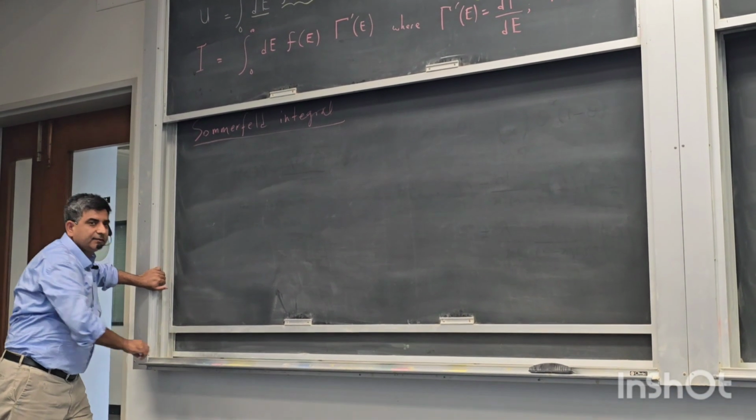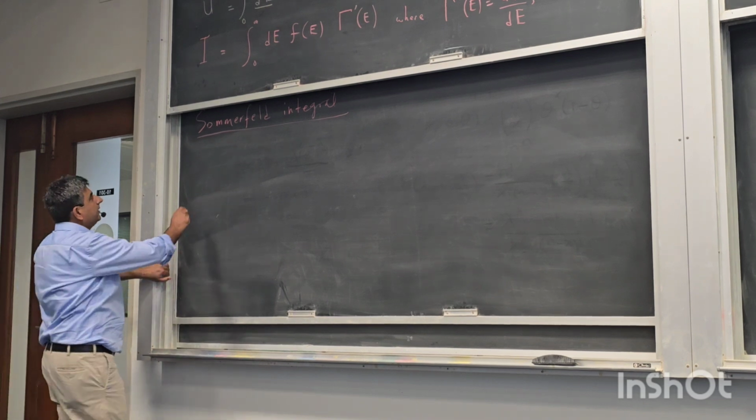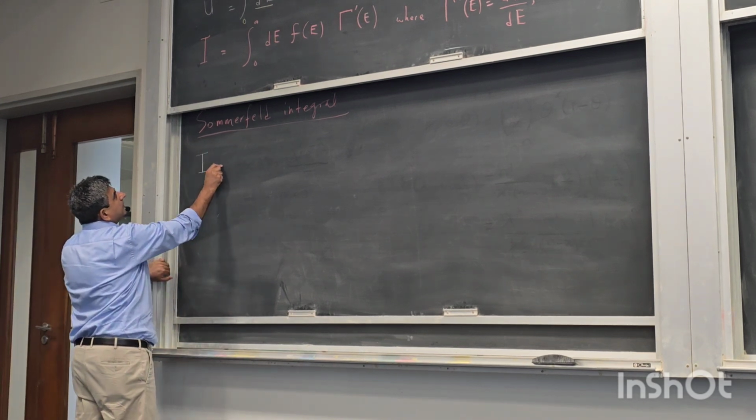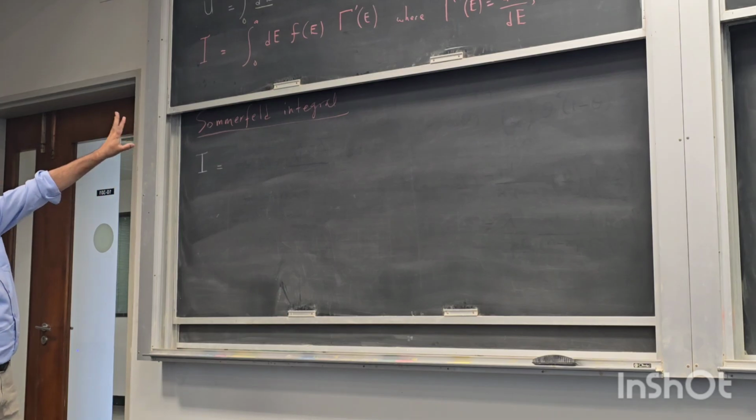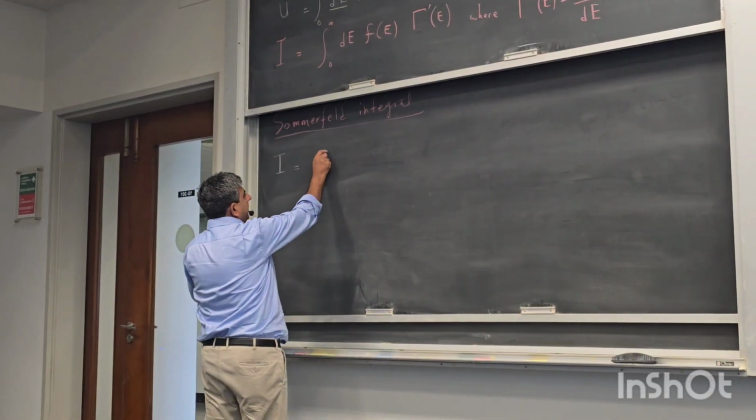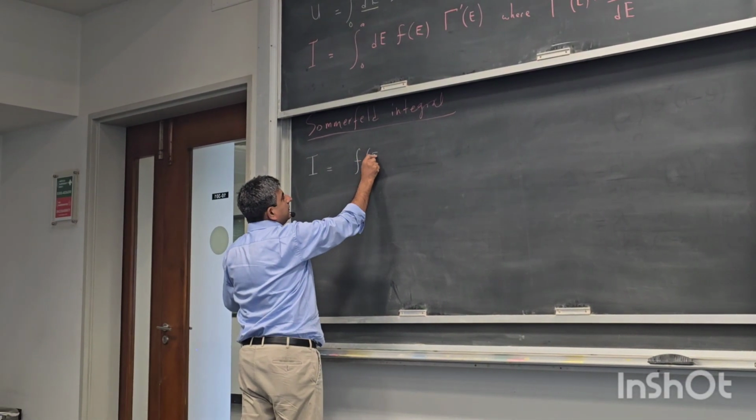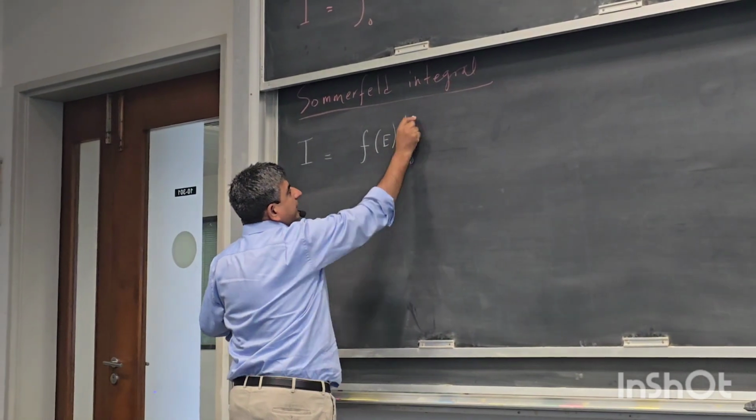What's your best guess? By parts, right? So my I equals the integral of dE F(E). So let me take F as the first variable, F(E) from 0 to infinity.